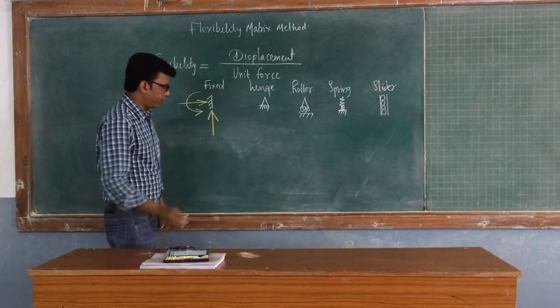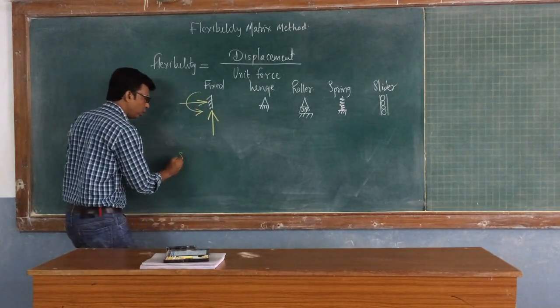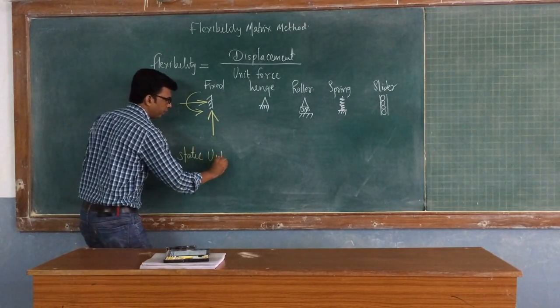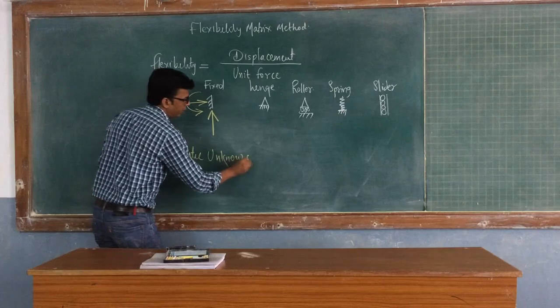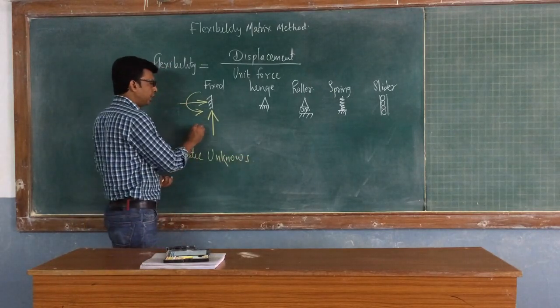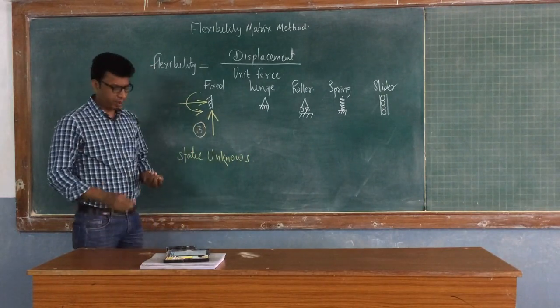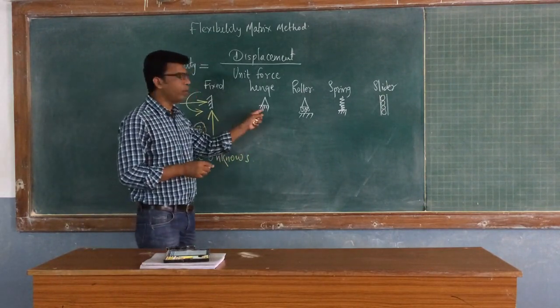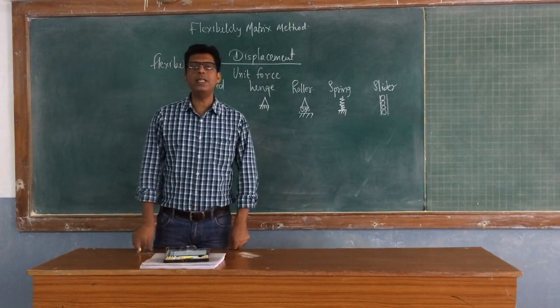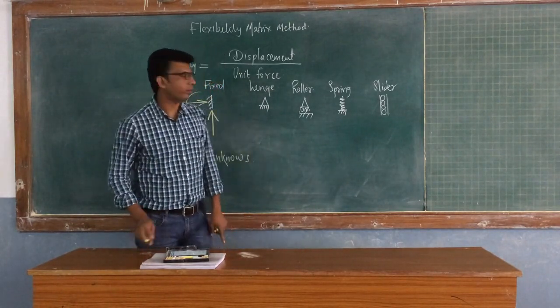So static unknowns for fixed support are 3. Similarly, a hinge support is a simple support, which means moment is equal to 0.